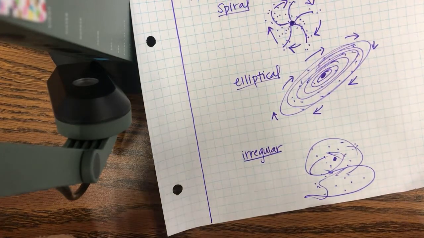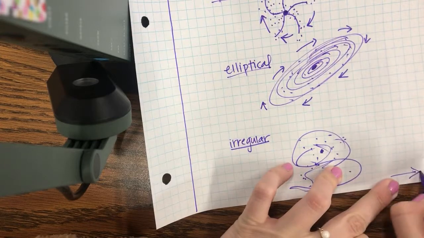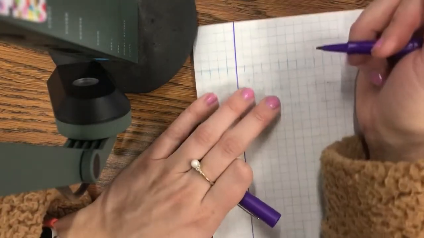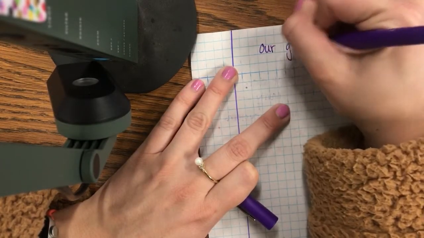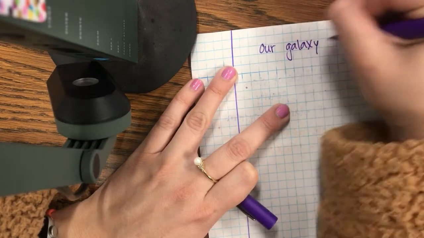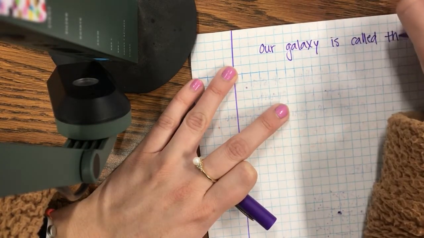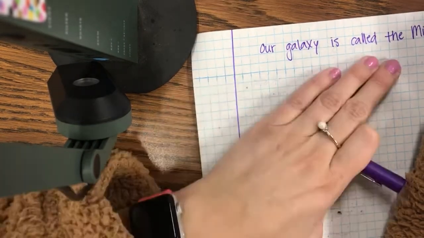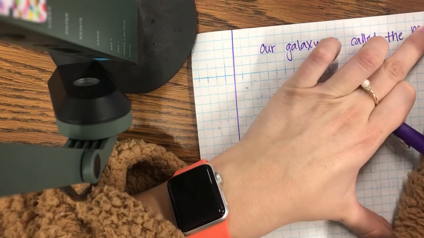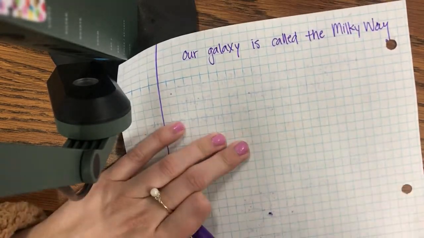All right, if you still have room, obviously keep your notes on the same page. I, of course, ran out, so I'm gonna move to the back page. So our galaxy is called the Milky Way galaxy. Ooh, ripped my paper. The Milky Way galaxy.